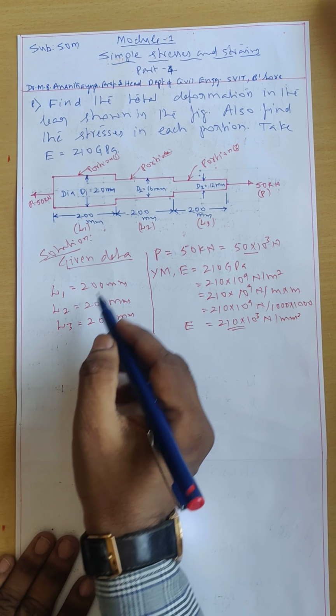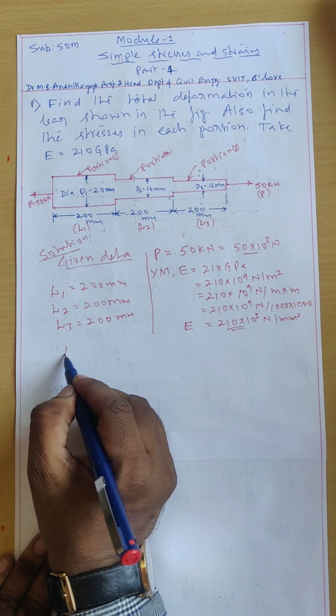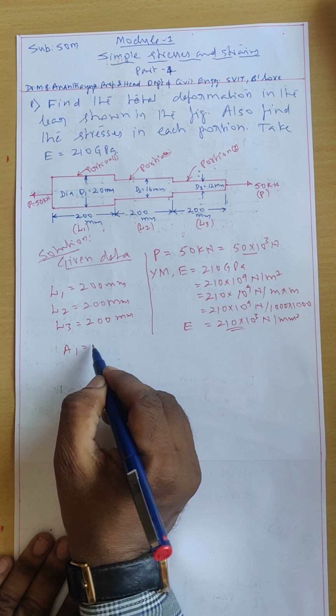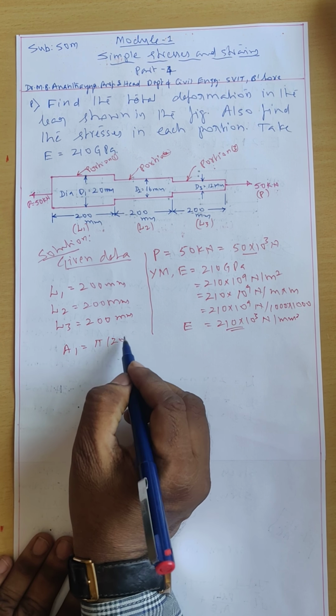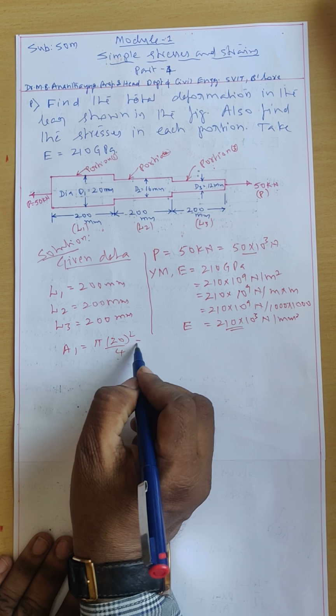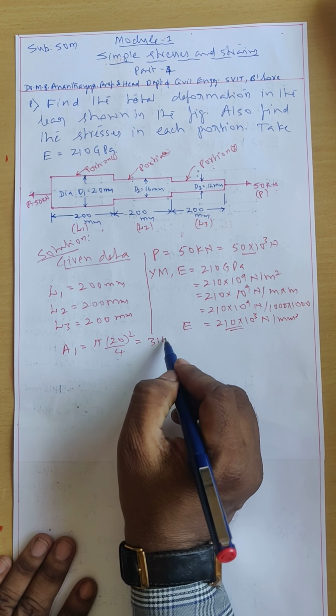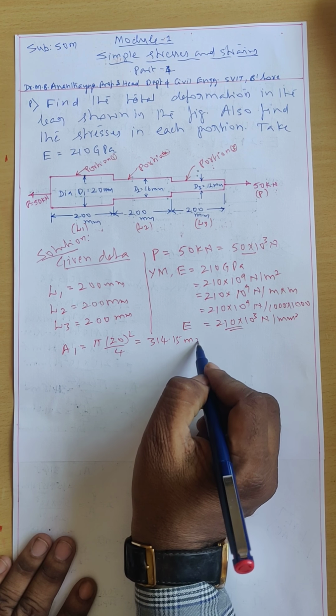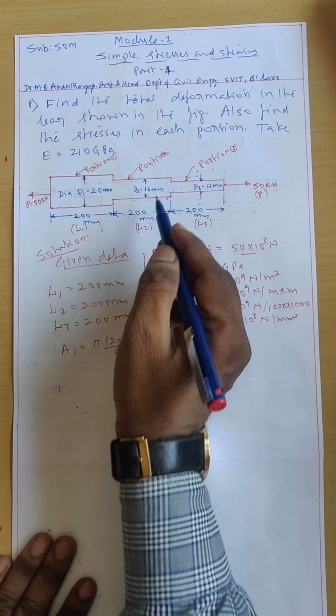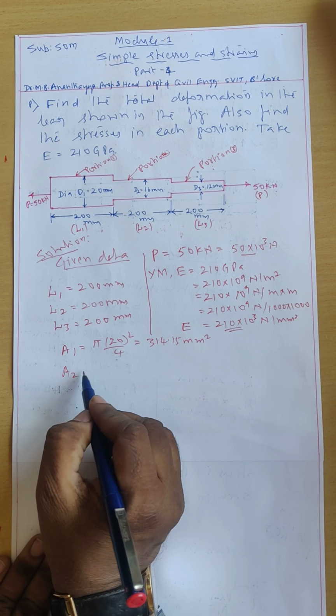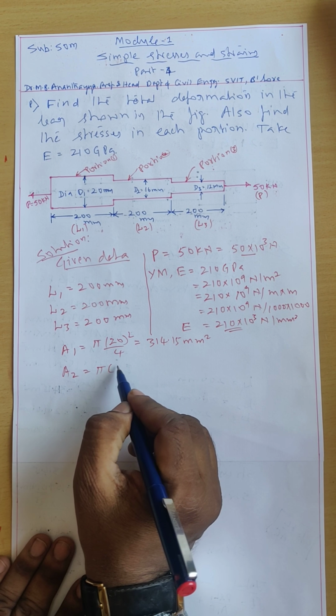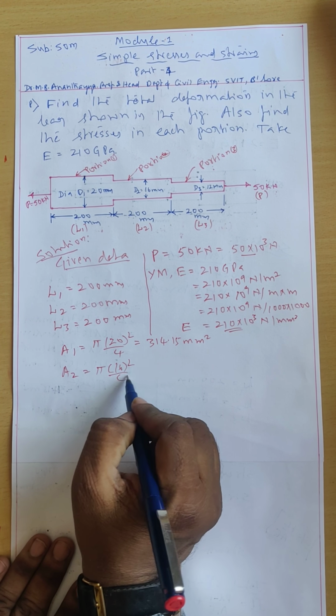Now we will calculate the area of the first portion. I am representing it by A1. It is a circular bar, pi d square by 4. It comes to be 314.15 millimeter square. Similarly, we calculate the area of the second portion A2, pi into 16 square by 4.